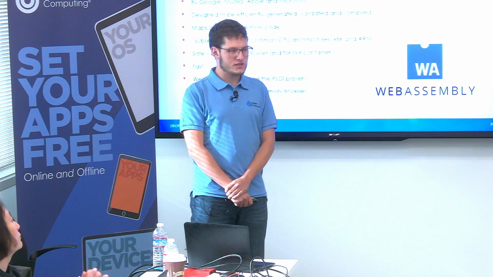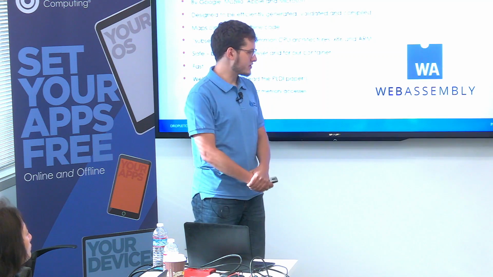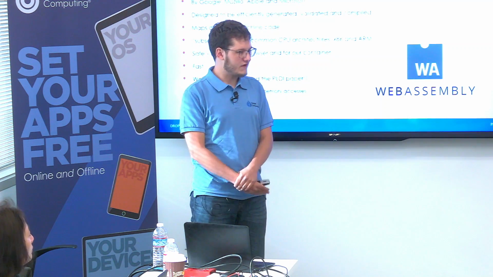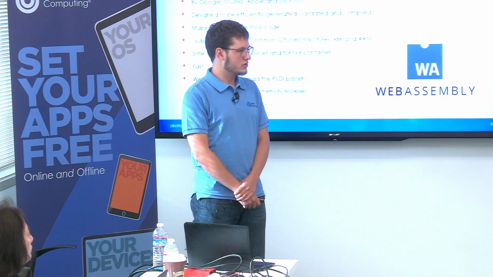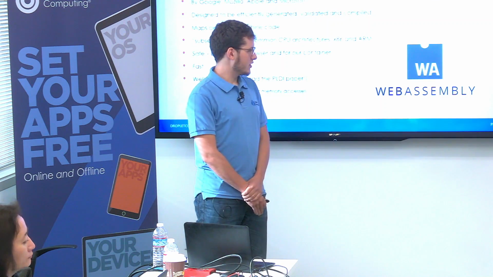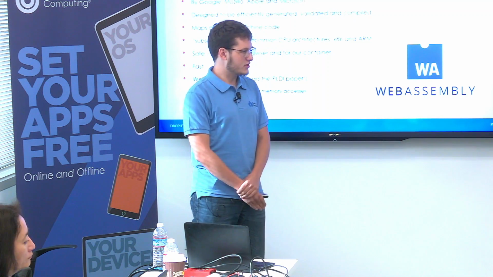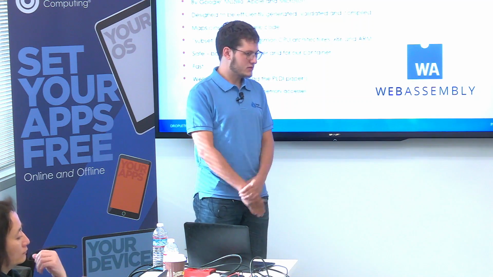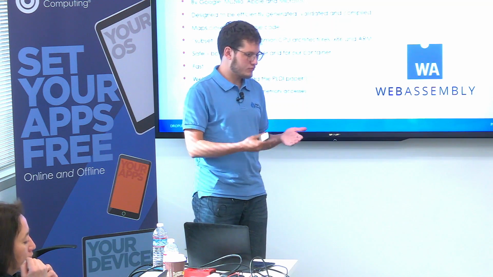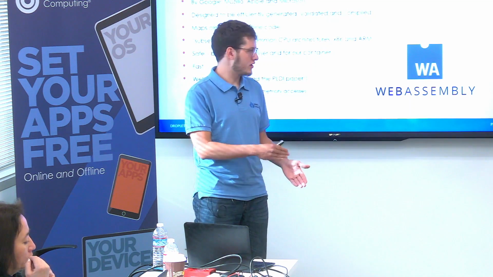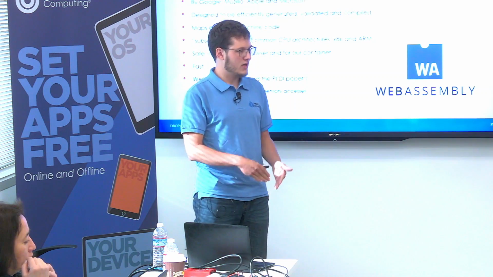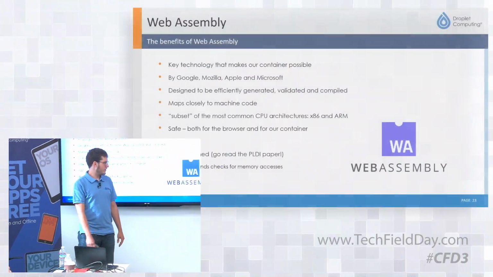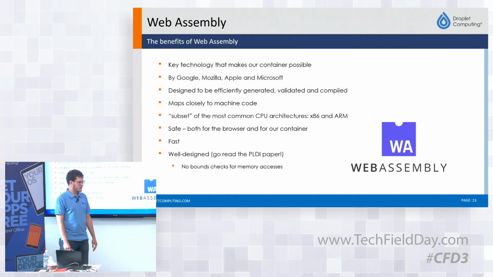And WebAssembly has been designed to be quite fast compared to native code. The designers have done some benchmarks where they compiled a C program to native code, and then also compiled it to WebAssembly and ran it in the browser. They found that it often runs within 10% of the speed of the native executable.